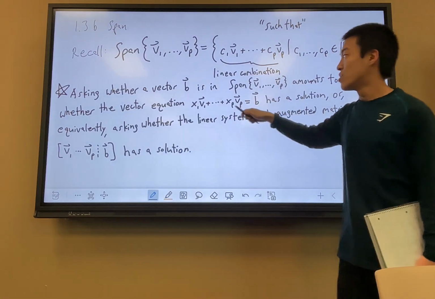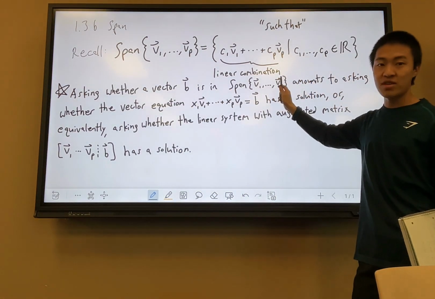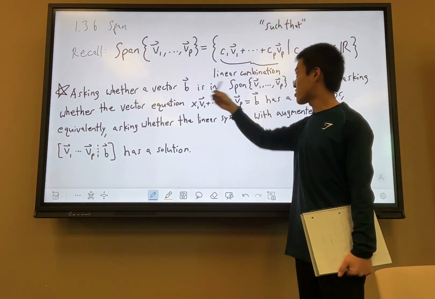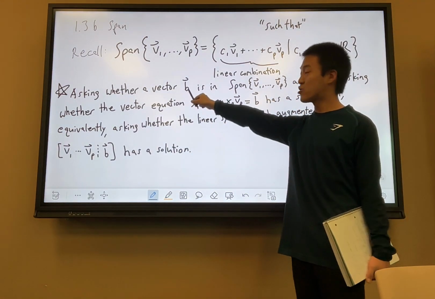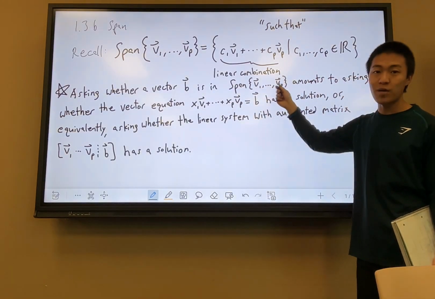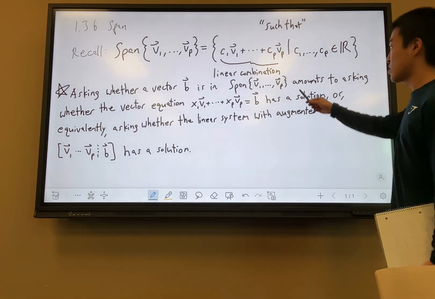So what it means for b to be in the span of these vectors, by definition, is that there is some way I can generate b by mixing and matching the coefficients and weights of these vectors in the linear combination. Okay, so let's continue.